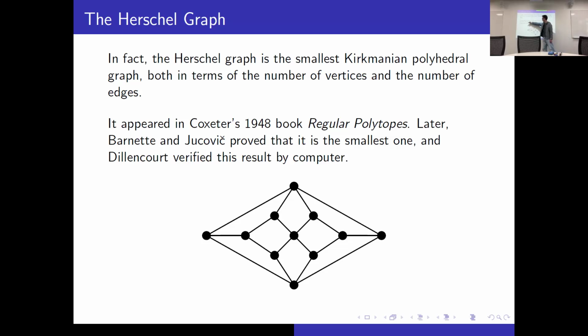But Coxeter did not prove that it is the smallest one. It was proved by Barnette and Jucovič, I think in the 70s. And later, Duijvestijn also wrote a paper about using a computer to check many polyhedra, and he also confirmed it by computer.